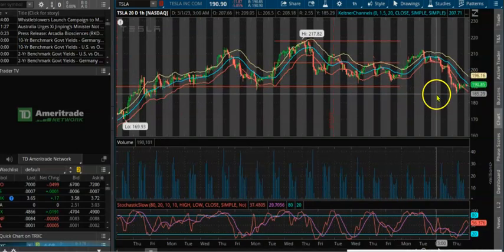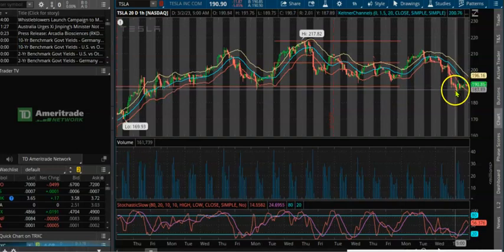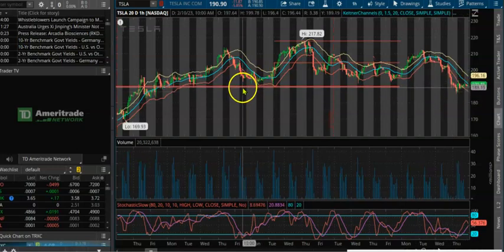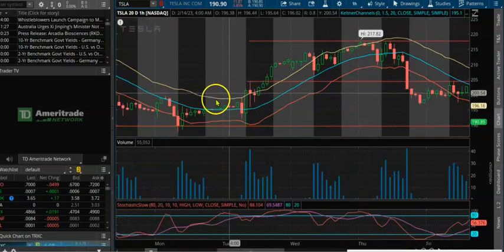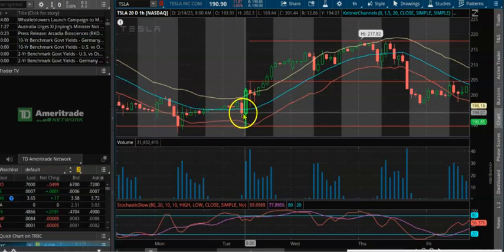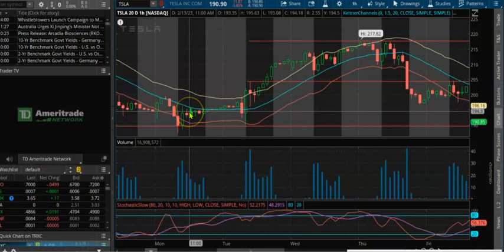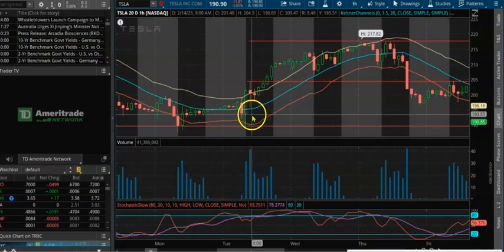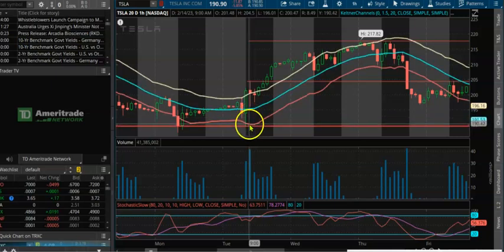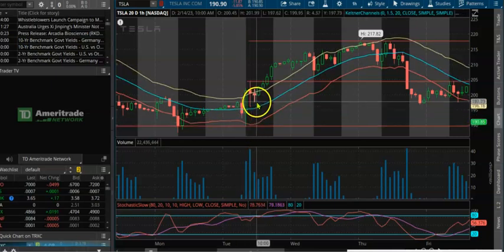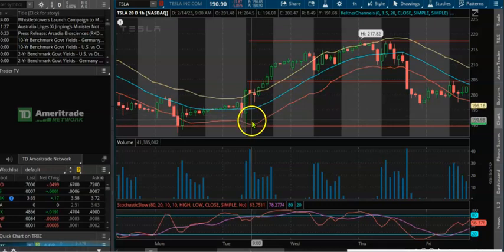So right now on Tesla, for today the pattern that it looks like it's setting up is possibly from 213 into Valentine's Day into 214.